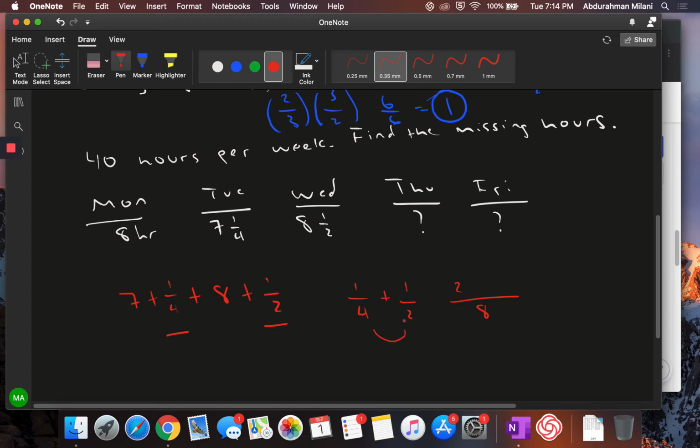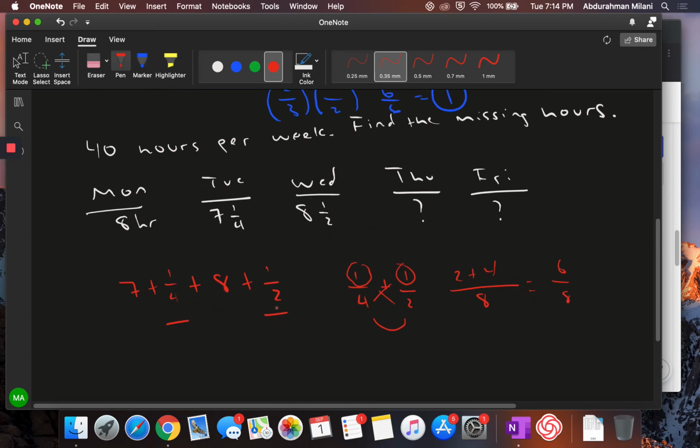Do a little smiley face method. These connect. So 2 times 1 is 2. 1 times 4 is 4. Then we have our 8, so that's going to give us 6 over 8. So we add 7 and 8, and we get 15 and 6 over 8. And then we add our 8 hours right there, and that'll give us 23 hours and 6 over 8.